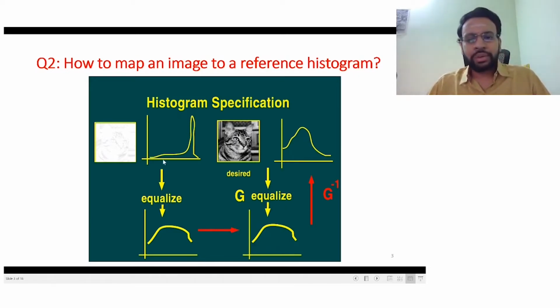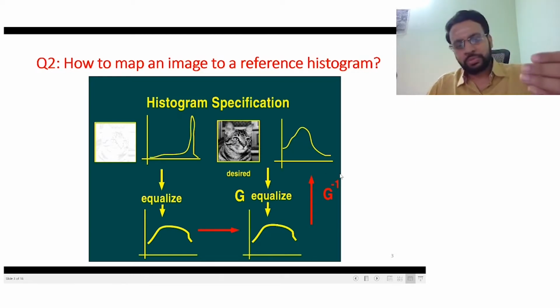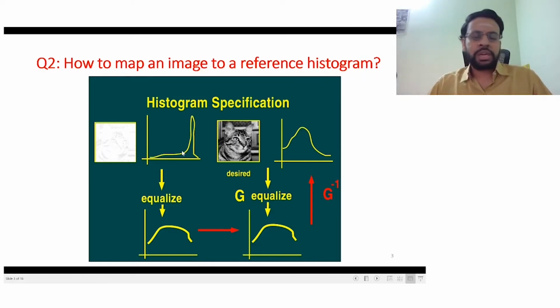Now for each value here you find the corresponding mapping in this histogram. You take the same value here and from there you compute the inverse transformation, and from that you will know where this would map to, and that is the intensity with which you replace the intensity you started with in the given image. Again, this non-uniqueness of finding the inverse, we discussed in more detail in the Zoom session, so I leave that part at that point. You may go through it for more details.